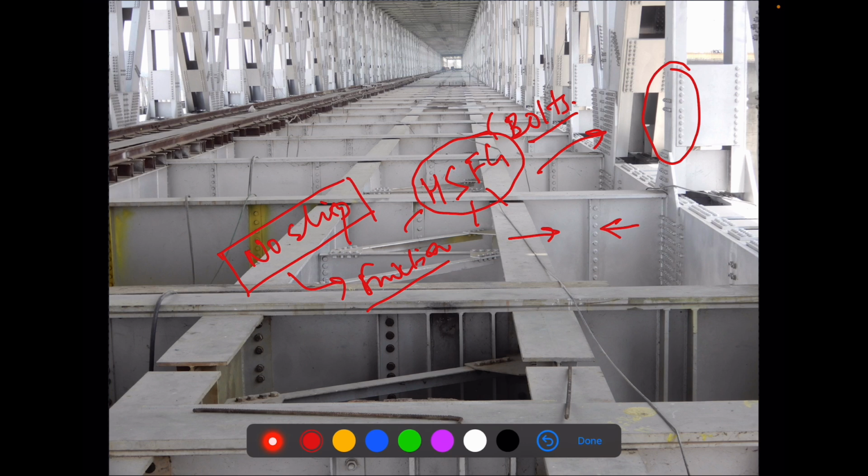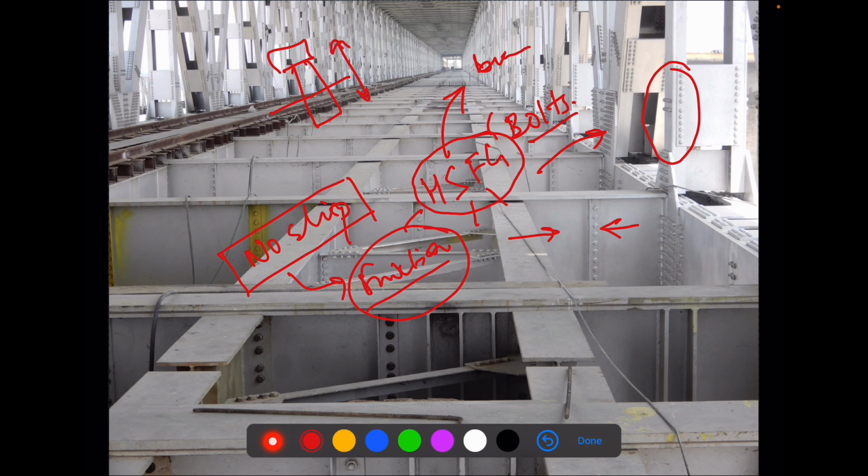So this HSFG bolt bears the shear with the help of this friction, but in ordinary bolts, the load is resisted with the help of the shear strength of the shank of the bolt.